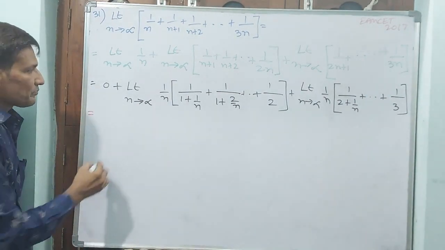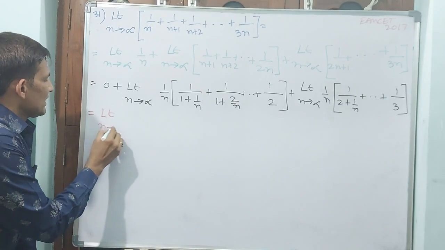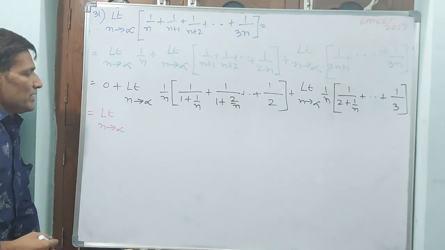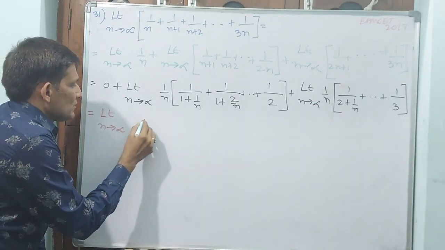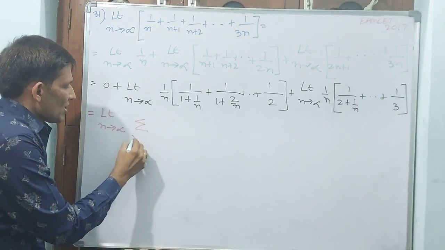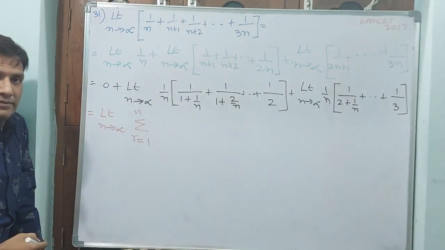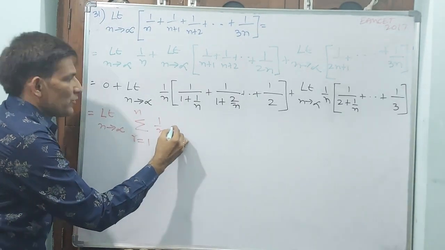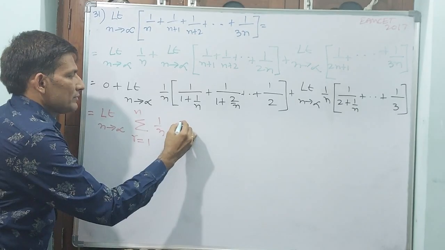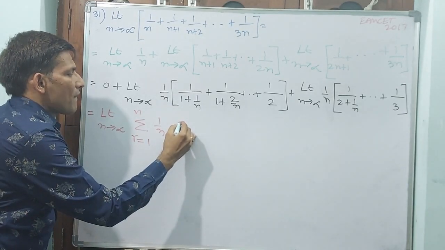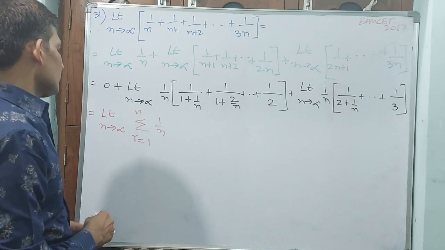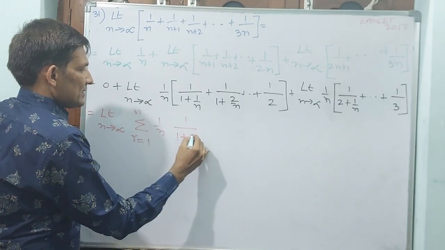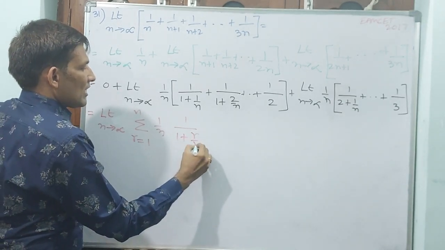That is equal to, see, limit n tends to infinity, sigma r is equal to 1 to n, 1 by n into 1 by 1 plus r by n.